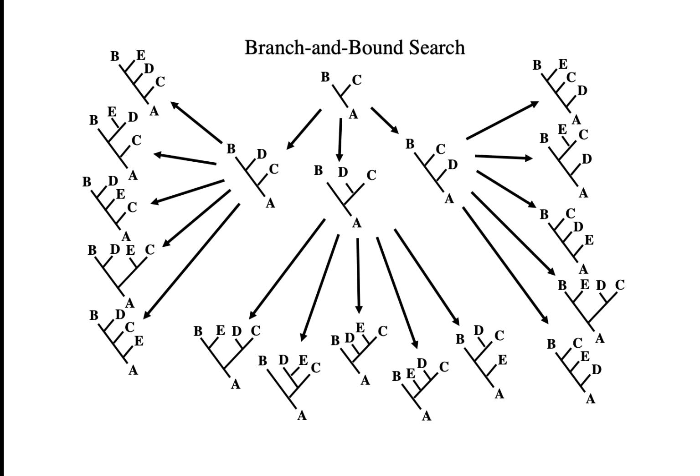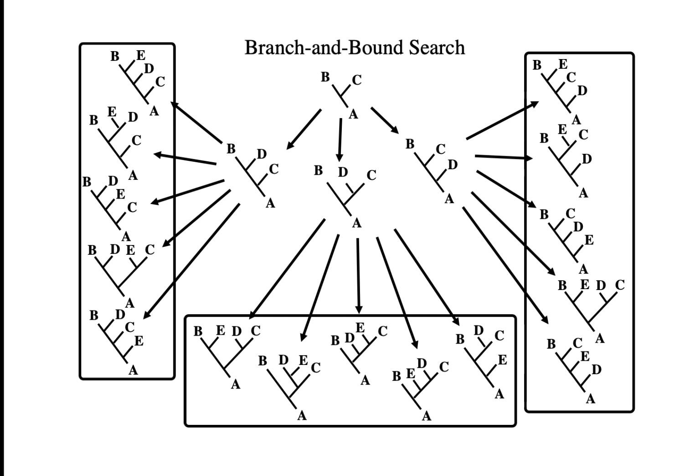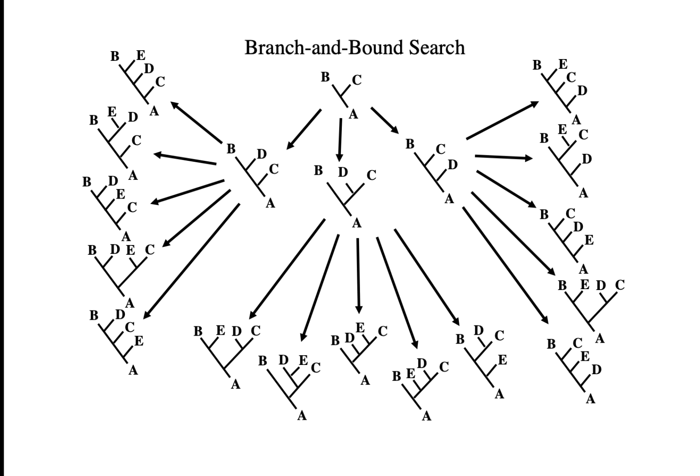So here's what I mean by the search tree. The search tree is going through joining one taxon at a time, building out the number of phylogenetic trees that it will have to search. So there's the ABC trees, and then there's the ABCD trees, and then there's the ABCDE trees, all the possible ones, organized in a way that joins one taxon at a time.